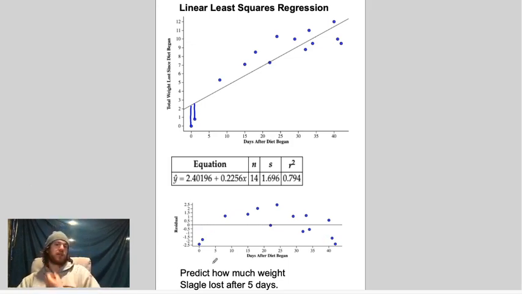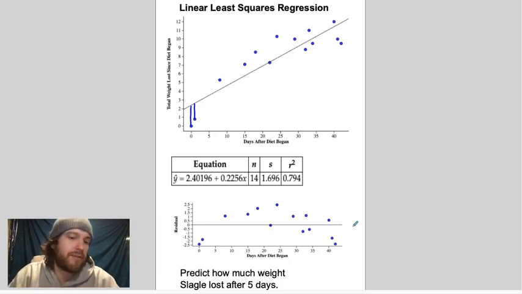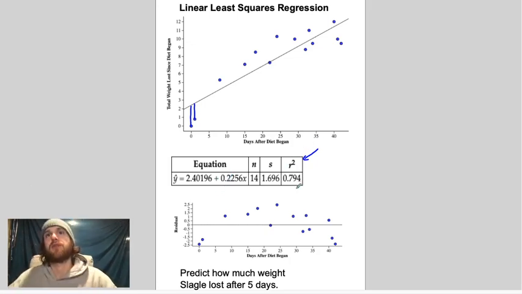And when you see a trend like that in a residual plot, it's usually a red flag that a linear model is not necessarily what you want to go for. For example, remember r squared is the percentage of variability in y that can be explained by our model, and it's roughly 79.4%.